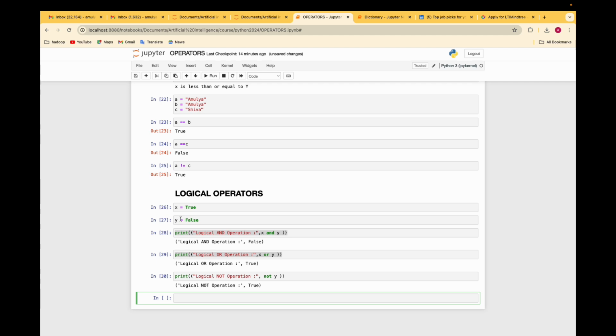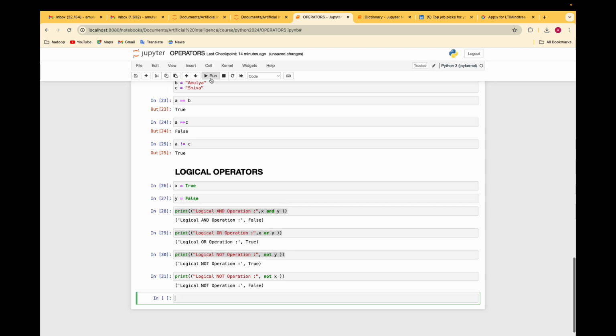How about not x? x is true, so it should return false. So it returns true if the operand is false.